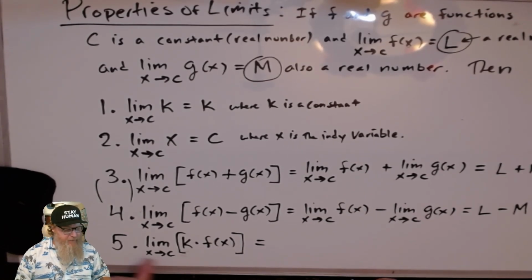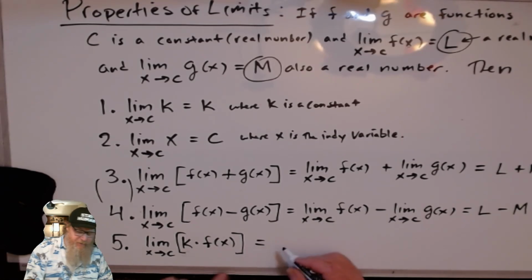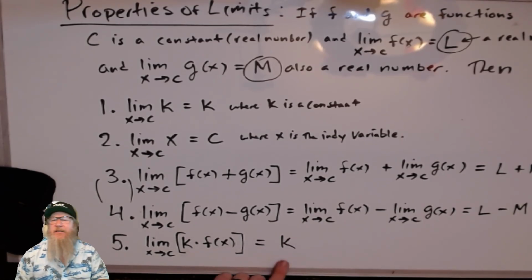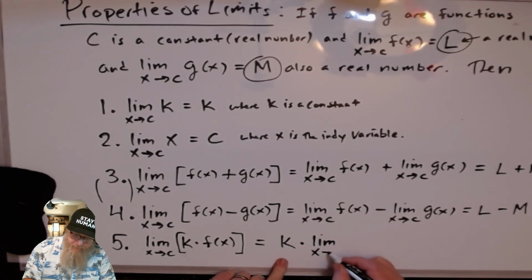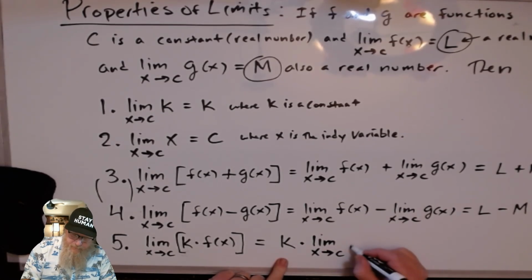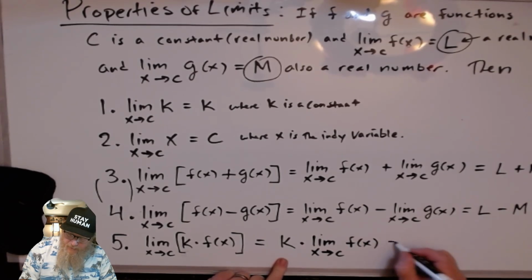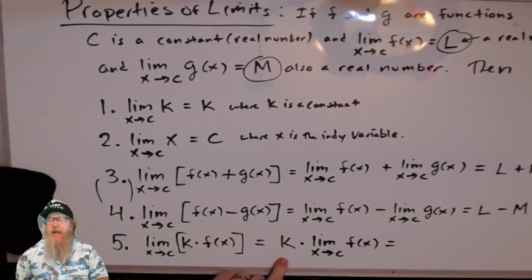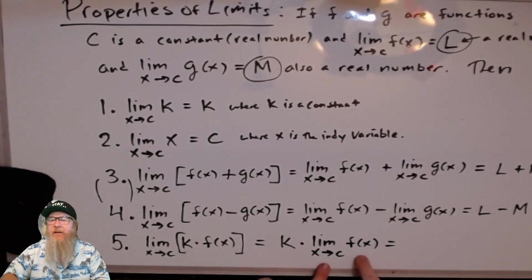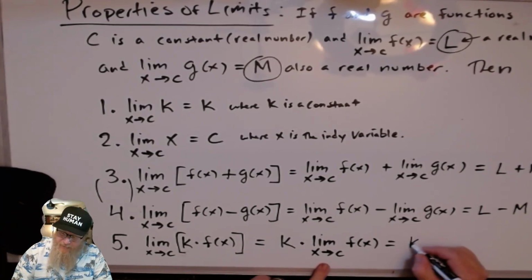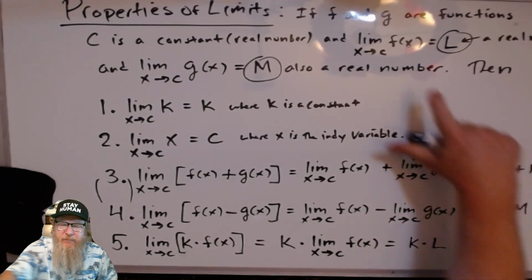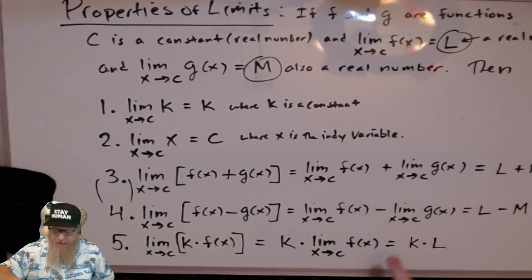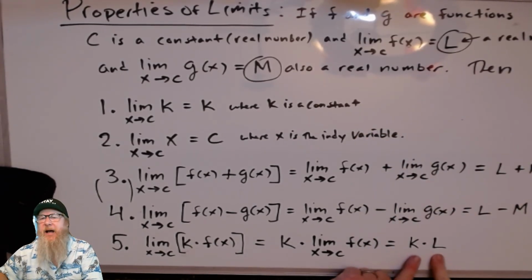So the limit of a constant times a function is equal to the constant times the limit. And again, since we know what the limit is, we can just say K times L. Make sure it's the right letter. If we're using f, then this is L.